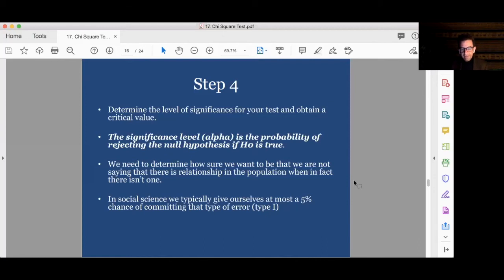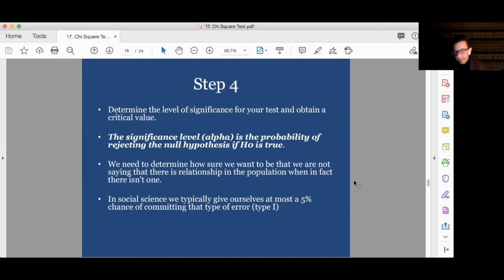If we make that number too low, if we choose a number that we can get 20% of the time or less, and that's our decision rule, then we're going to be wrong 20% of the time.